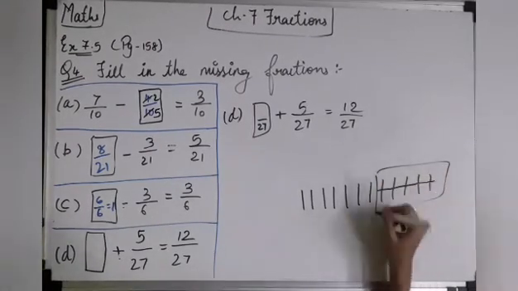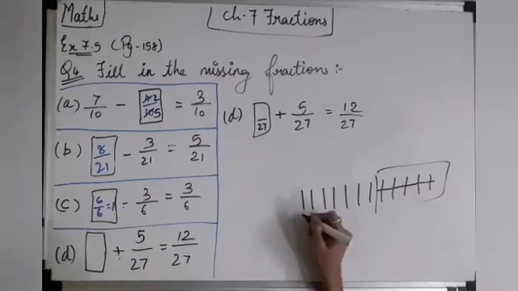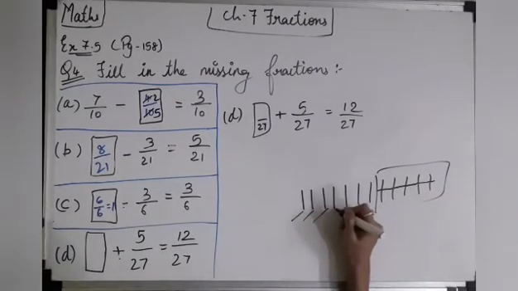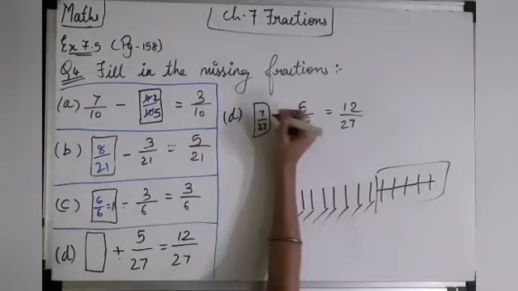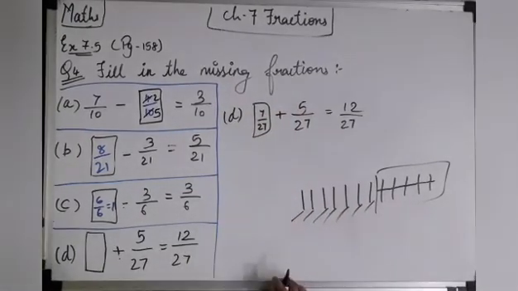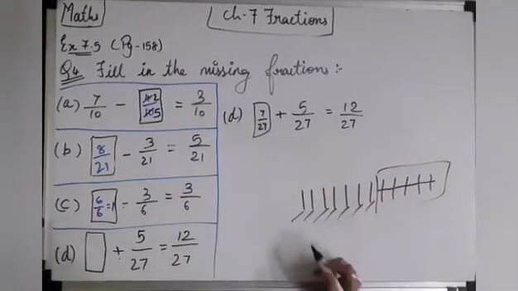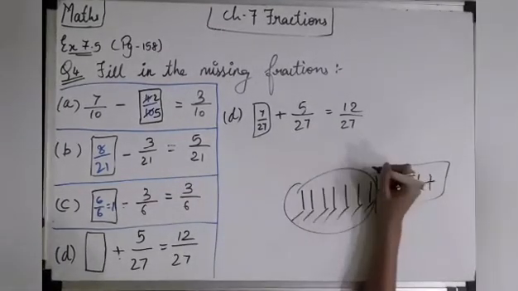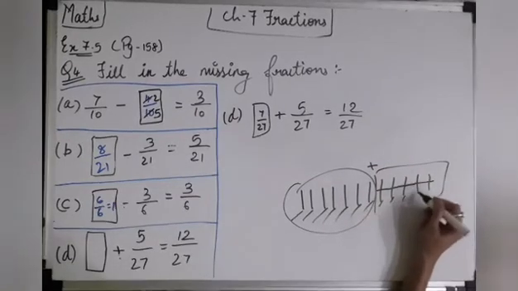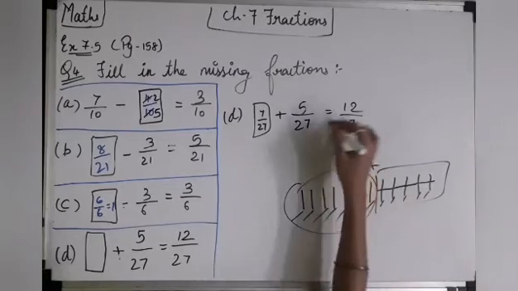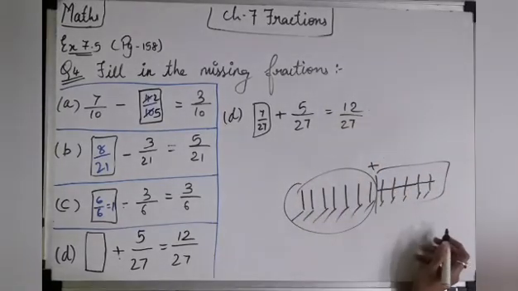Okay. So how many are remaining now? 1, 2, 3, 4, 5, 6, 7. 7 is remaining. So 7 plus 5 is equal to 12. You can do this. 7 is there plus 5. So 8, 9, 10, 11, 12. So you got the answer 12.